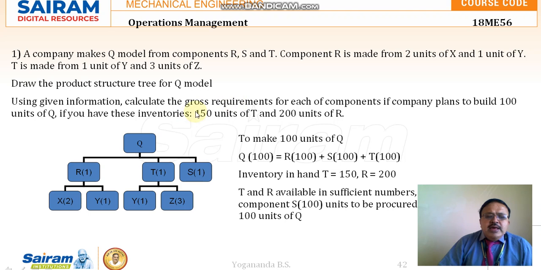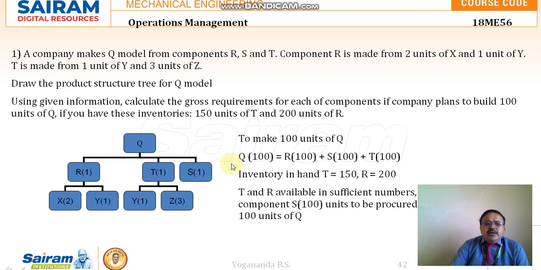You are asked to calculate the gross requirement of each component if the company plans to build 100 units of Q. So the gross requirement of Q is 100. 1 unit of Q requires 1 unit of R, 1 unit of S, 1 unit of T. So to manufacture 100 units of Q, we need 100 units of R, 100 units of S and 100 units of T.